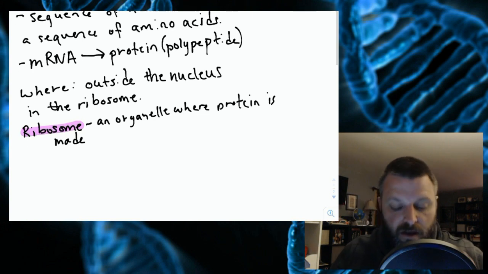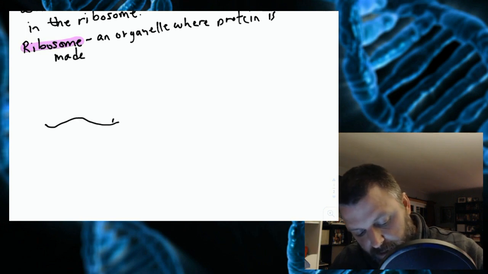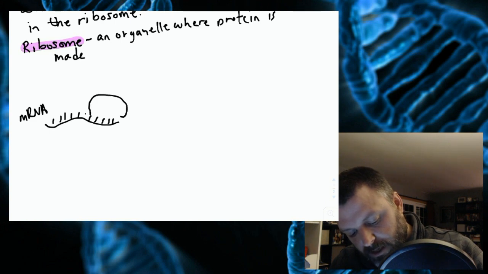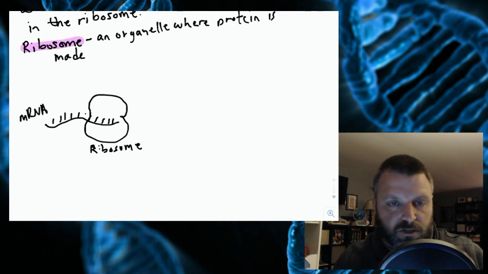So now that I have my ribosome, here's what ends up happening. So you have your mRNA. mRNA kind of looks like a ribbon. Okay, there's my mRNA. And the mRNA attaches to the ribosome. The ribosome is right here. And remember, the ribosome is mostly made out of rRNA. Okay, but they attach to each other.